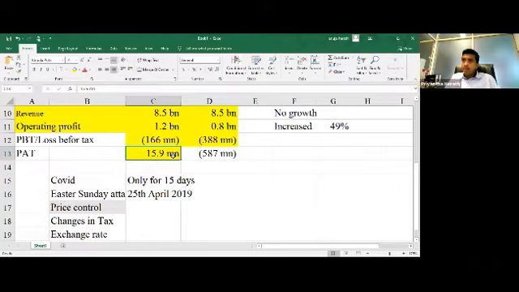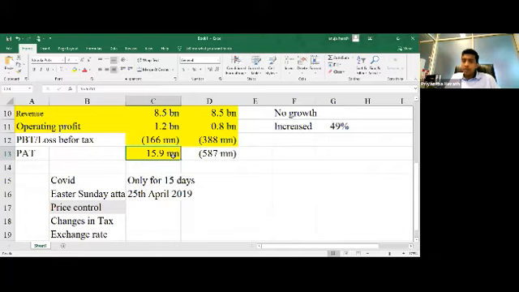Most of the other countries' tax rules are a bit clear, right? But in Sri Lanka, it's not 100% clear. When you prepare tax regulations in most of the other countries, they follow a consultative process.